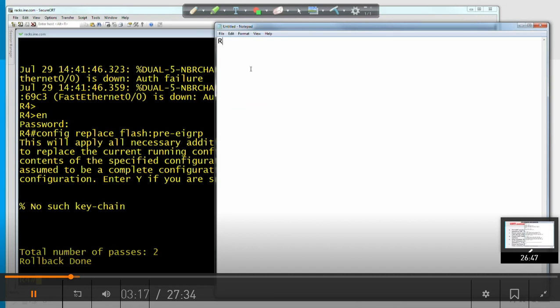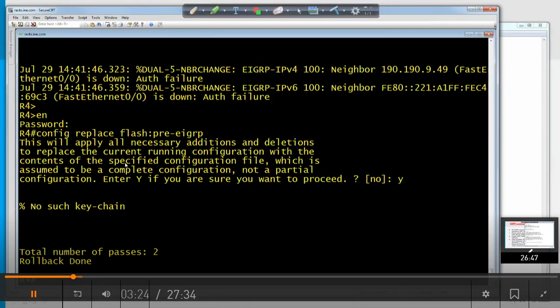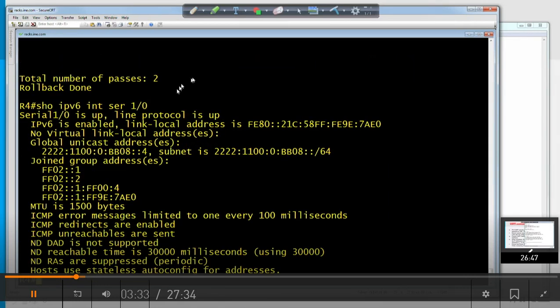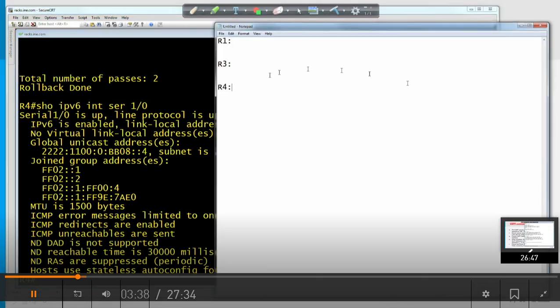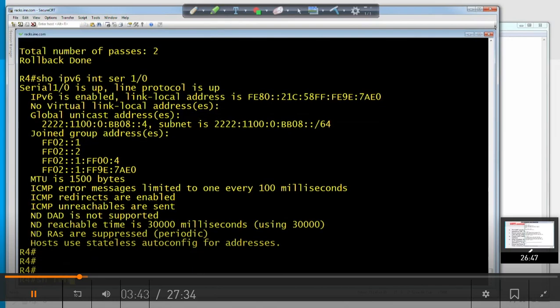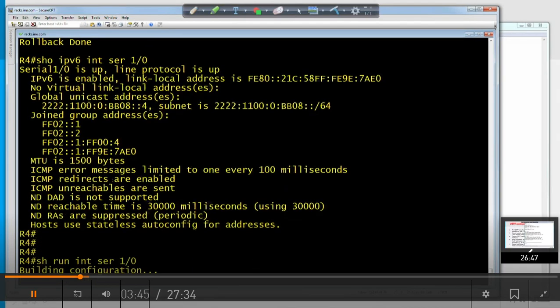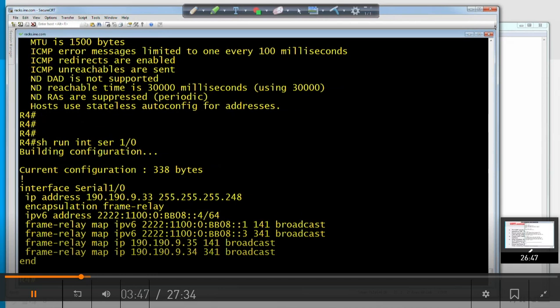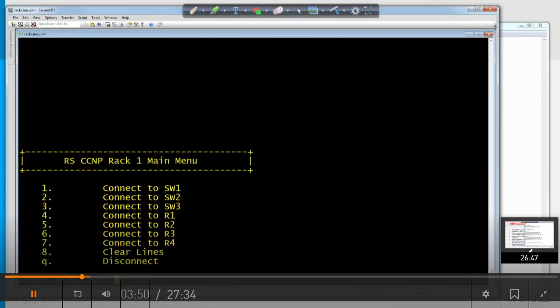So let's just go ahead and do it quickly here, recreate what I did before. Yeah, I got rid of those, so I got to put those back in there.